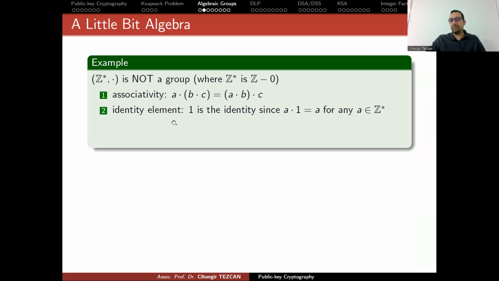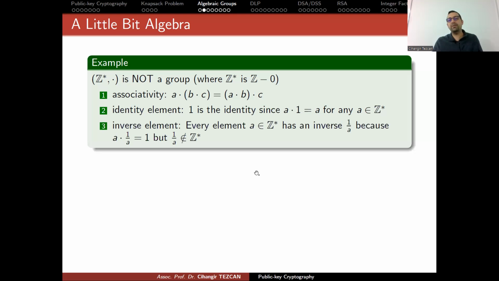There's the identity element, which is 1, because if you multiply any number A with 1, the result will be A. Recall that A cannot be 0 because 0 is not in this set. So we have the identity element for multiplication. But the problem is that not every element has an inverse. Actually, only the element 1 has an inverse. Other than that, just take a random A from this set.